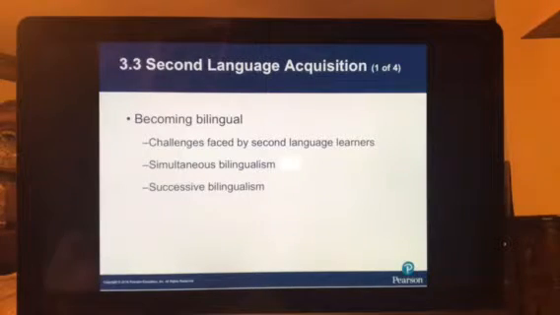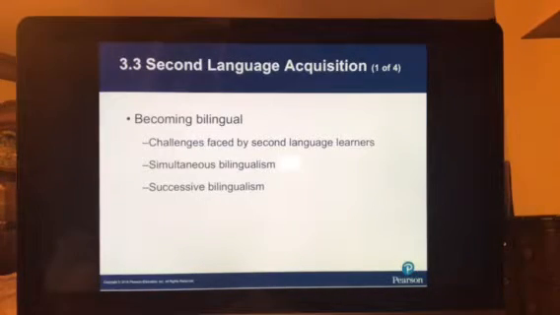So in becoming bilingual, one of the challenges faced by second language learners is code switching, but there's a cultural context that offers limitations also. Besides the natural language context that would present overwhelming challenges for us, just by learning a second language, that cultural piece adds another very difficult piece for children to grasp.